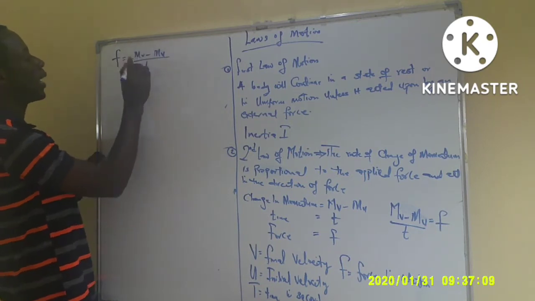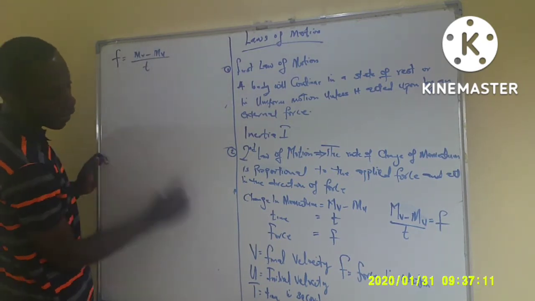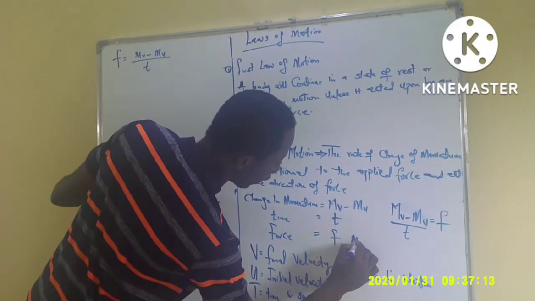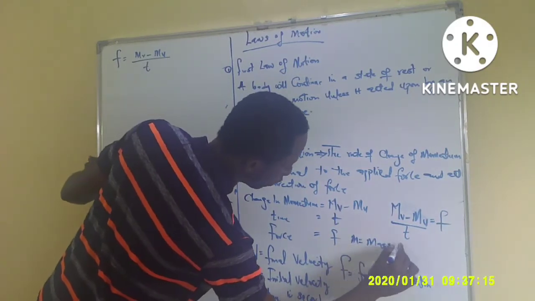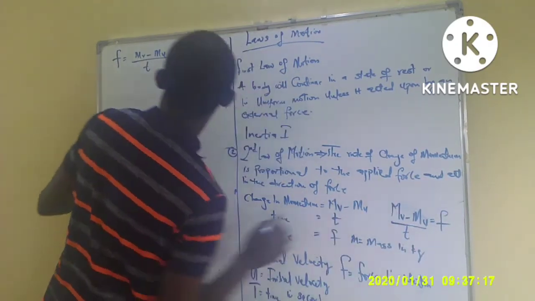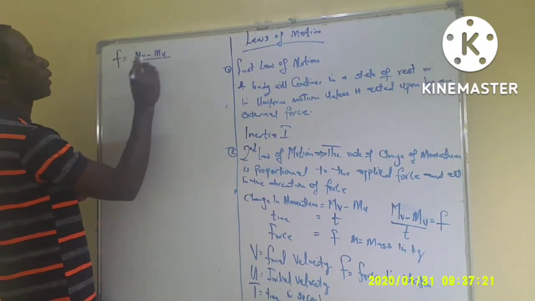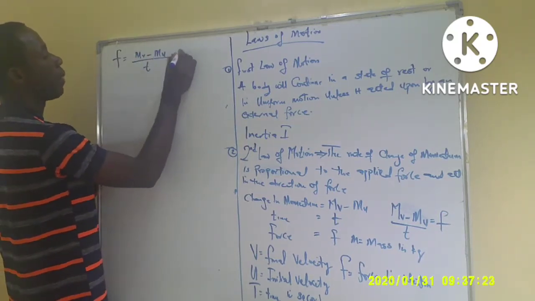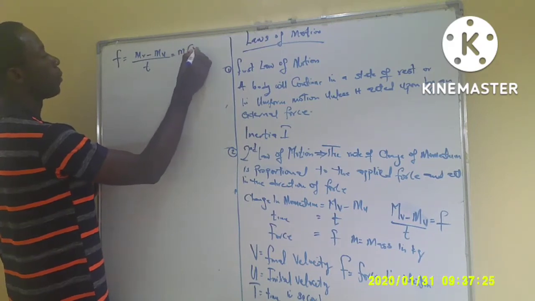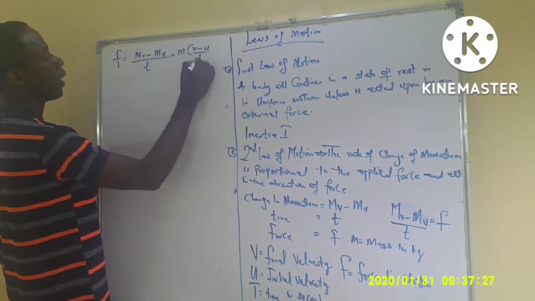Now let m be the mass. m is equal to mass in kilograms. So now let us collect like terms. If we factorize the mass out, it's going to be F equals m times v minus u all over t.